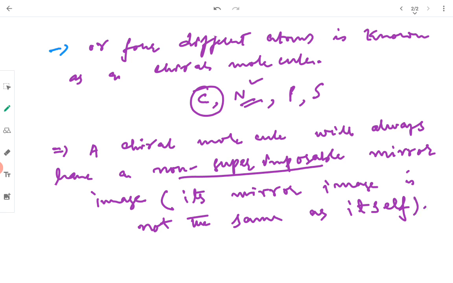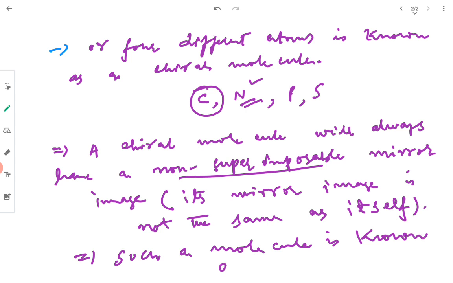So such a molecule is known as a chiral molecule, right? A molecule which is attached to four different groups and which always has a non-superimposable mirror image. Such a molecule is known as a chiral molecule. इसको हम chiral molecule बोलते हैं.